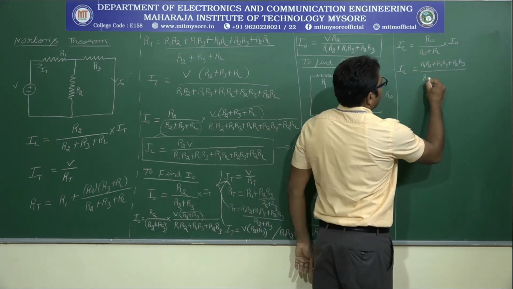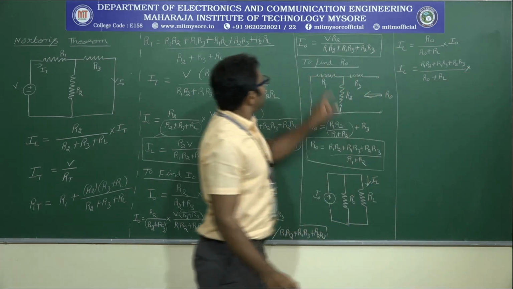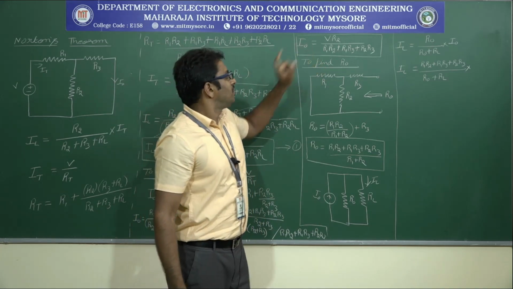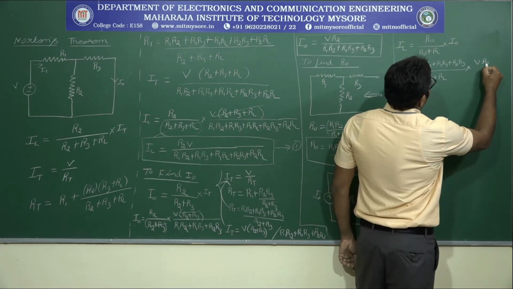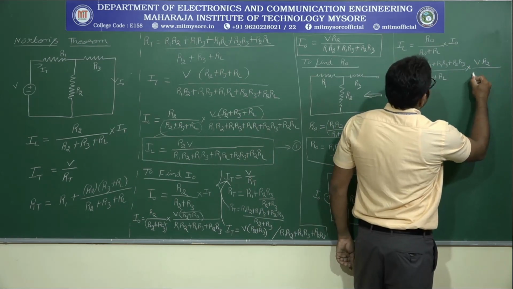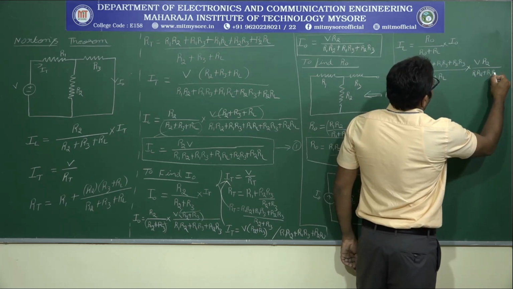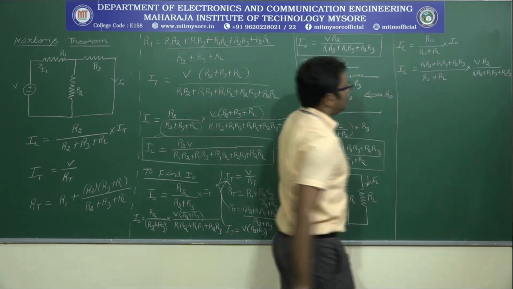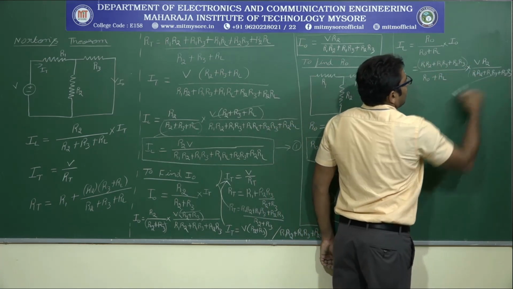R0 plus RL into I0. We have an expression for I0 also. I0 is equal to V into R2 divided by R1 R2 plus R1 R3 plus R2 R3. Is it clear? These two terms will get cancelled.